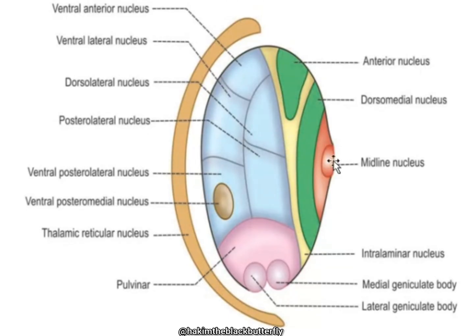Why do they call these nuclei midline? Because they are in the region of the intermediate mass attachment. Why do they call these nuclei posterior? Because they are on the posterior aspect of the thalamus. And there's another special nucleus, this one, it is lateral. We shall look at it, it's known as the reticular nucleus.